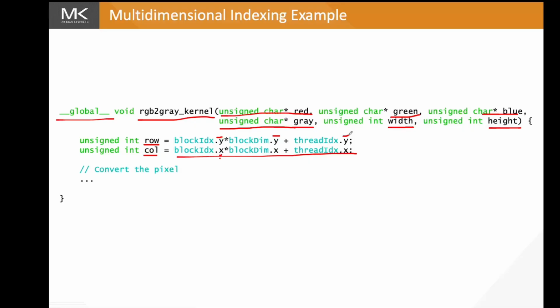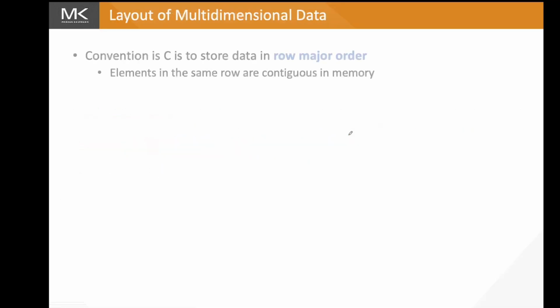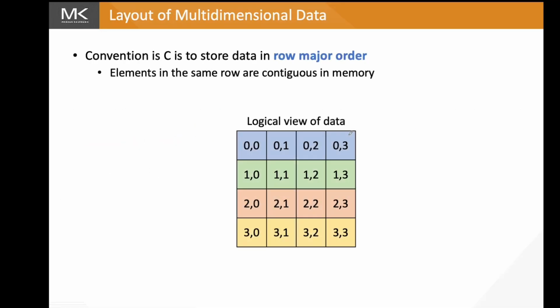All right, but before completing this kernel, let's see how we store 2-dimensional arrays in C for dynamic allocations. Assume we have a 2-dimensional array. Here it can be like the color of the image, or the channel actually. By default, C uses a row major order to store this 2-dimensional array.